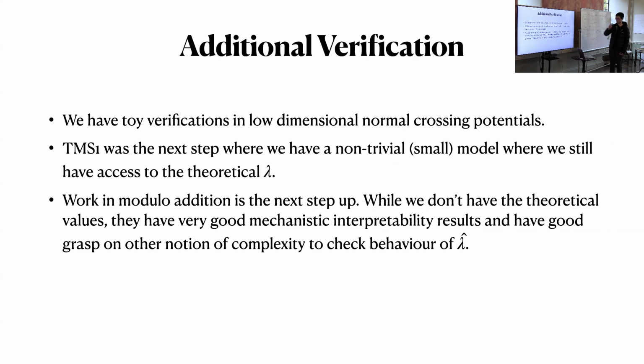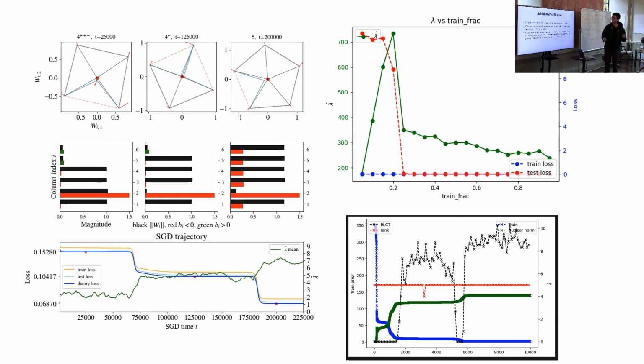Okay, so we have verification in low-dimensional normal crossing potentials, but there's other verification that we have done since then. In TMS, we use the same algorithm that we have seen. So that's the picture that you have seen. The green curve there is lambda hat across training.